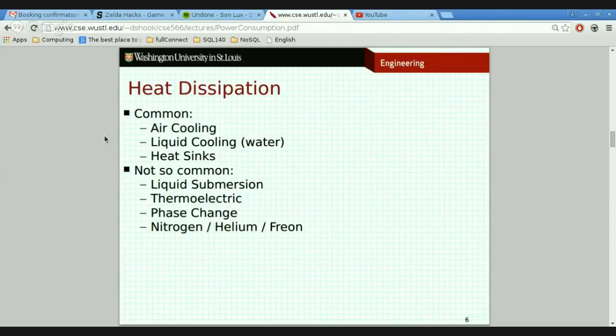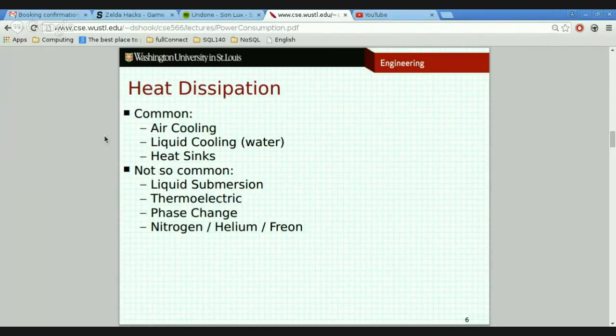Phase change is another interesting one where we actually use the heat to change the phase of matter, either from frozen to liquid or liquid to gas, right? With the idea being that the amount of energy required to change the phase of something is higher than if you're just heating up liquid, for example.